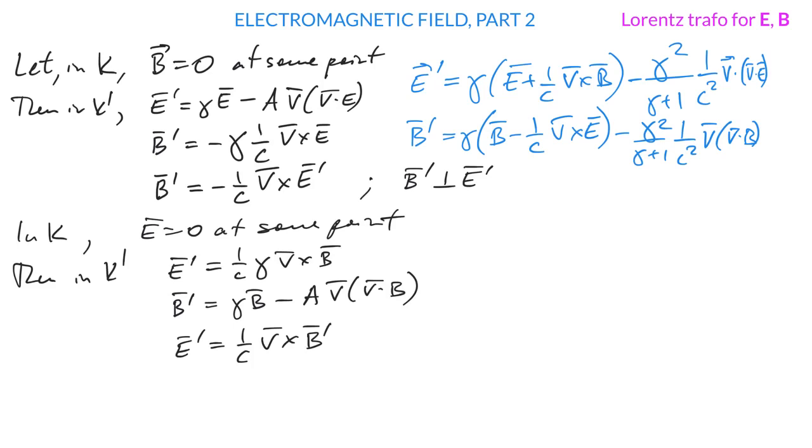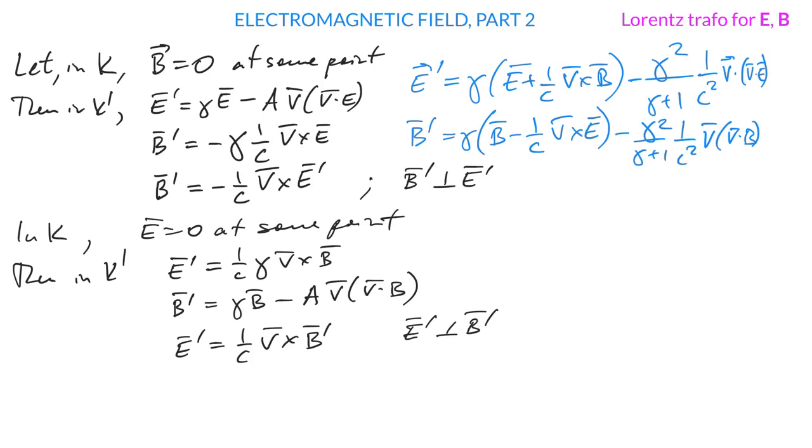Again, the second term in B prime is destroyed by crossing it with v, so this is a correct expression. And again, we find that E prime and B prime are orthogonal.